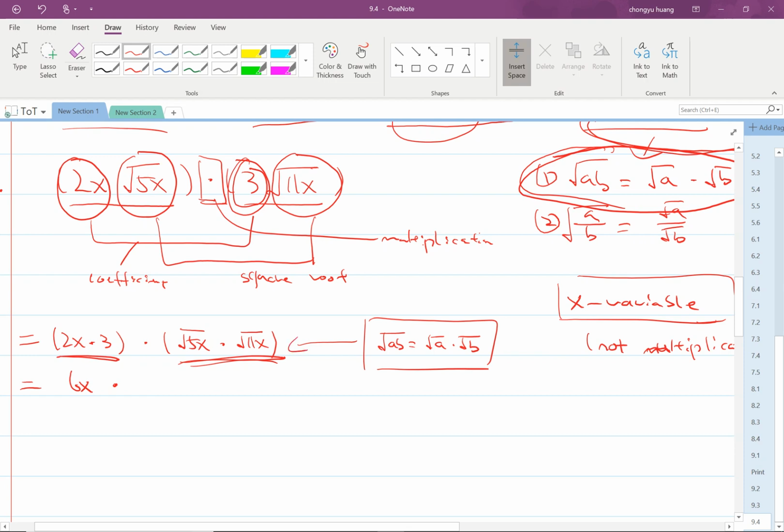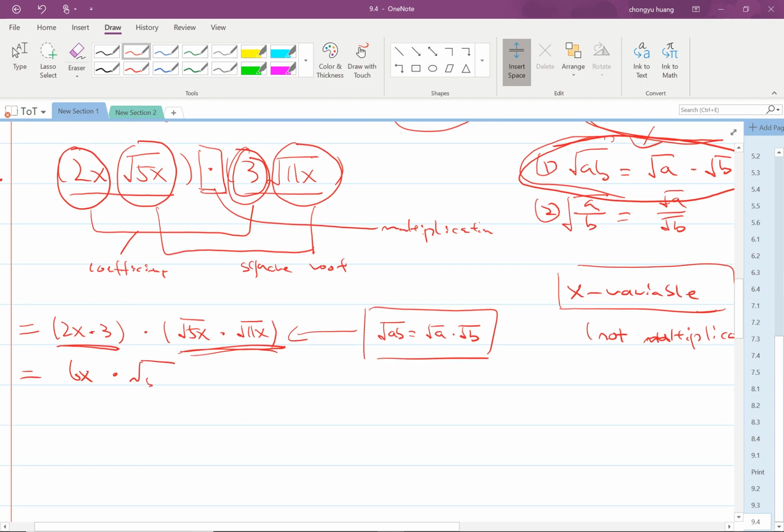So after we multiply, you basically multiply 5x. Let me write it down step by step. What you have to do over here is multiply 5x by 11x in the square root.